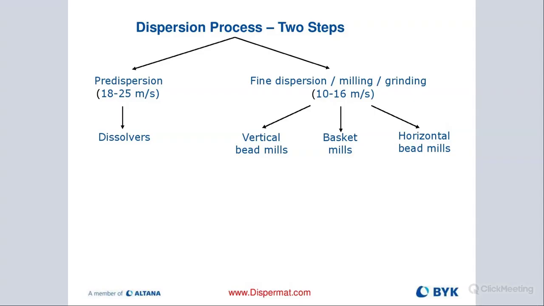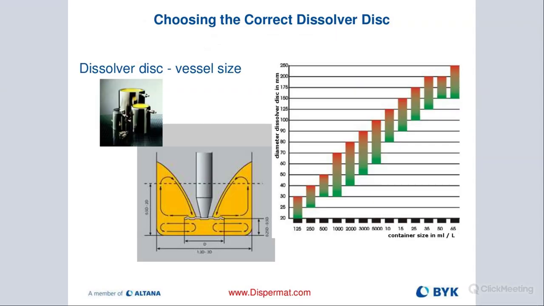We're going to cover those in more detail some slides down, and then also the horizontal media mills that a lot of you folks are probably familiar with. It's a horizontal bead mill using a rotor and then obviously your ceramic beads to either circulate through or pass through the mill, and we'll talk a little bit more in detail about that milling system as well.